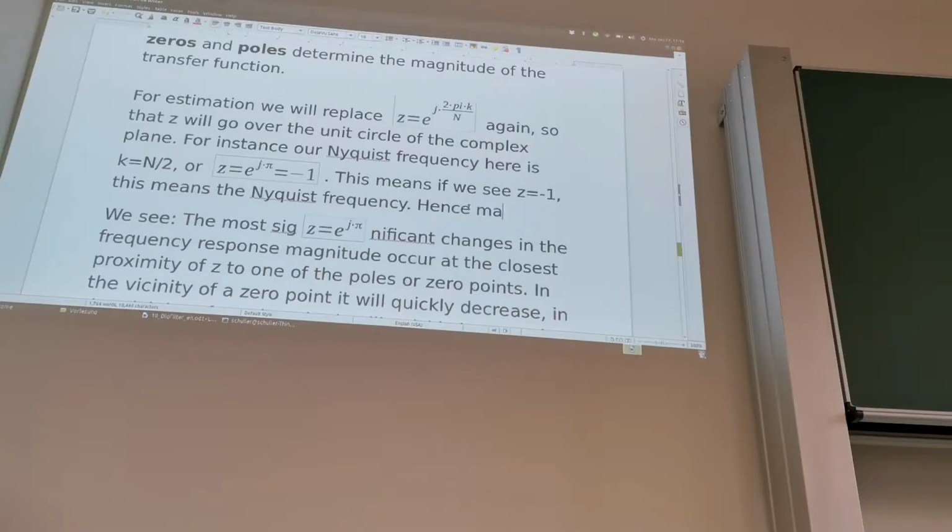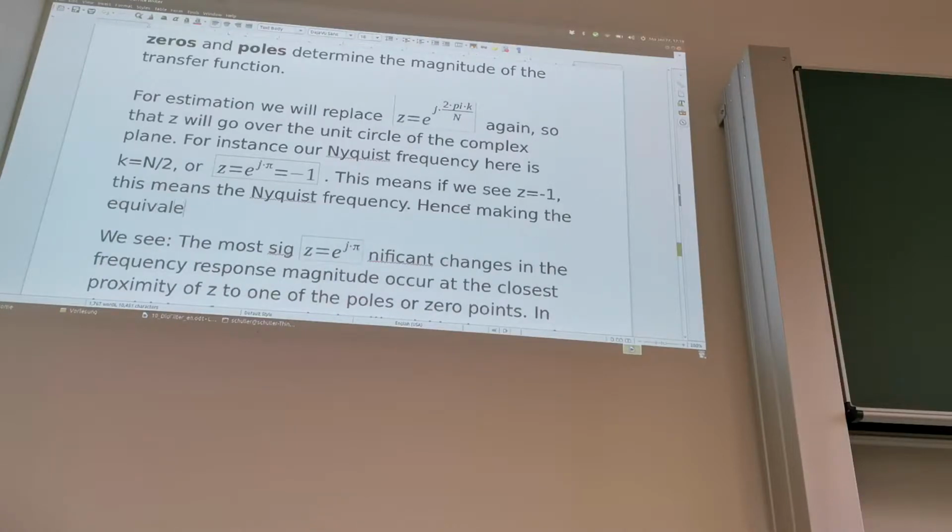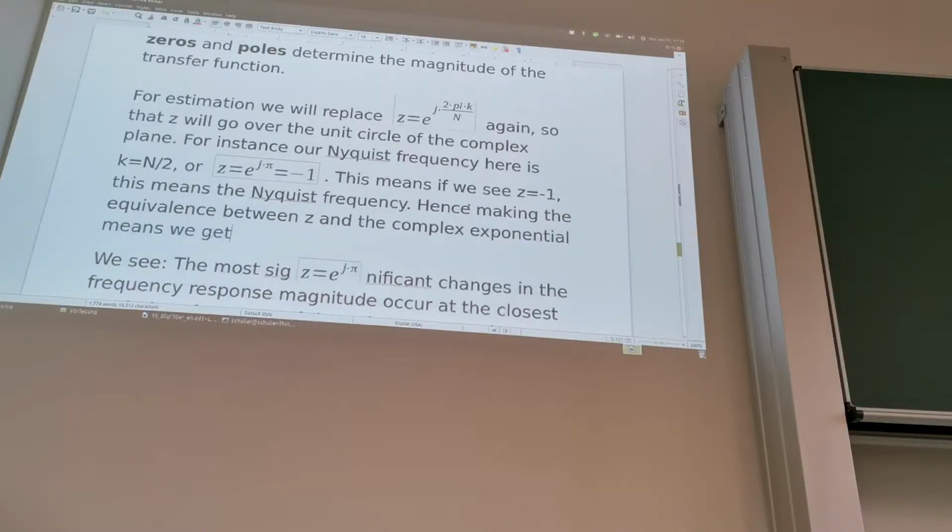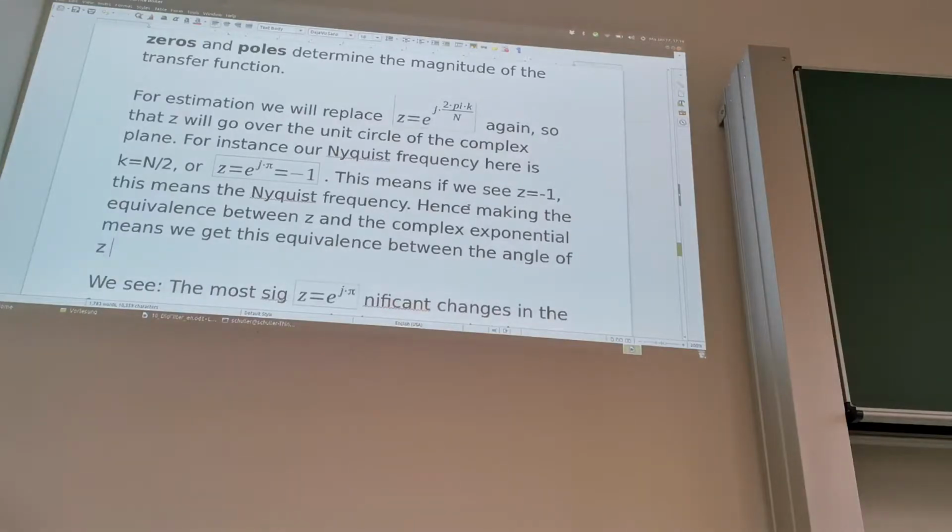And making the equivalence between z and the complex exponential means we get this equivalence between the angle of z and the normalized frequency.